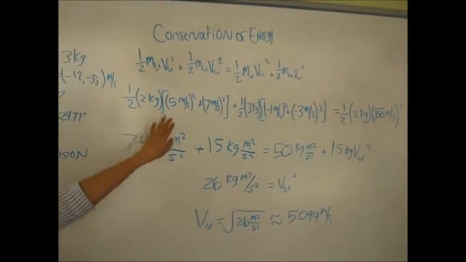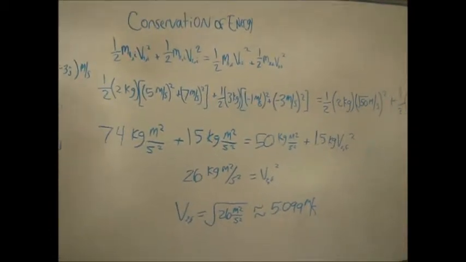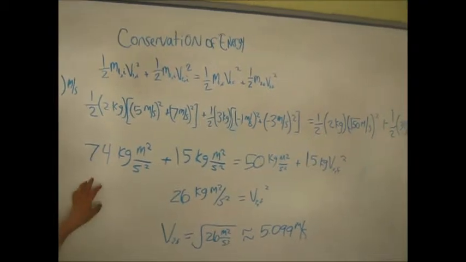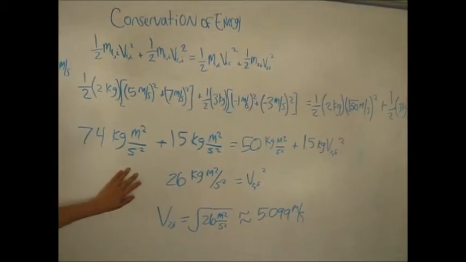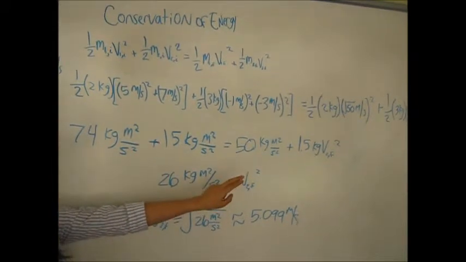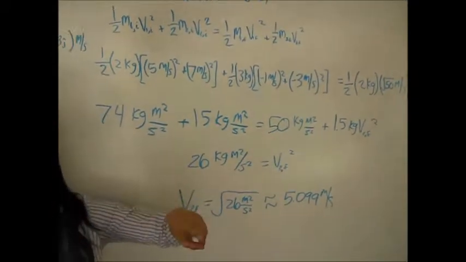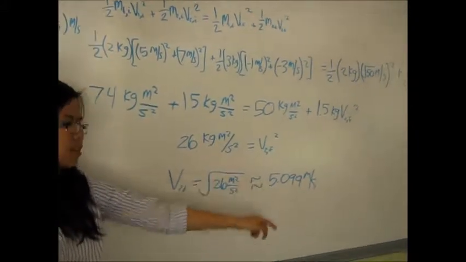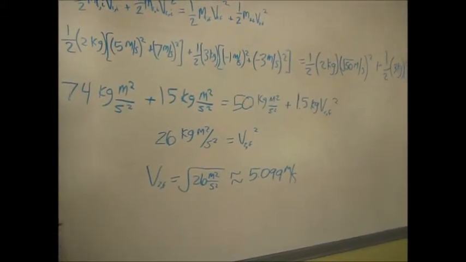And once you plug in all the equations given over here, you get this equation. And then you just simplify it down. And then I got that the final velocity of the second ball equaled approximately 5.099 meters per second.